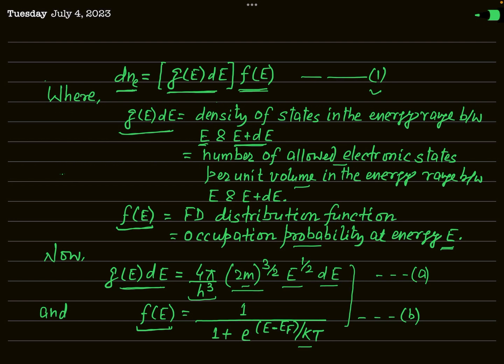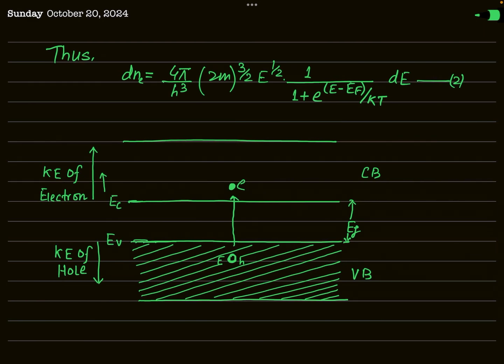So let us put it in equation 1, and then you will get dn_E equal to 4π over h³ times (2m)^(3/2) times E^(1/2) times 1 over 1 plus e to the power (E minus E_F) over kT dE.